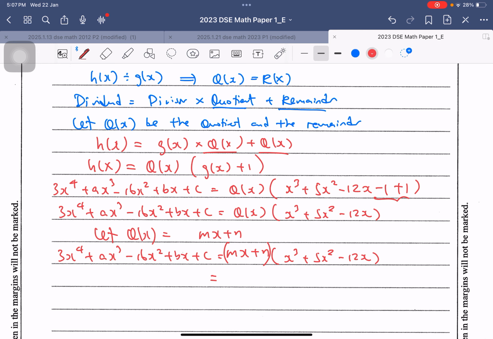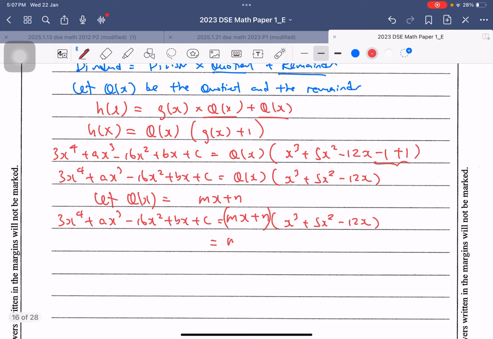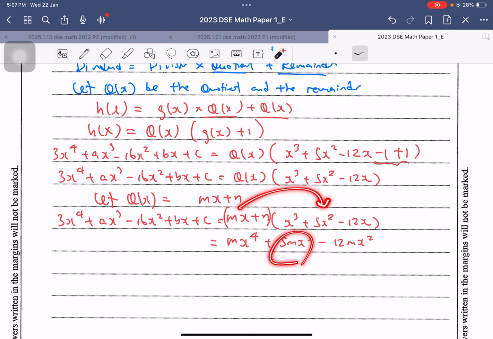Expanding the right-hand side, mx times x cubed gives you mx to the power 4, mx times 5x squared gives you 5mx cubed, mx times negative 12x gives you negative 12mx squared.